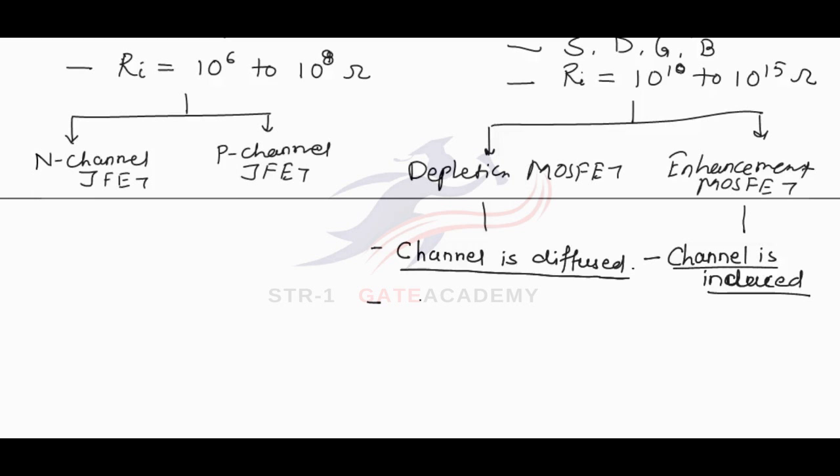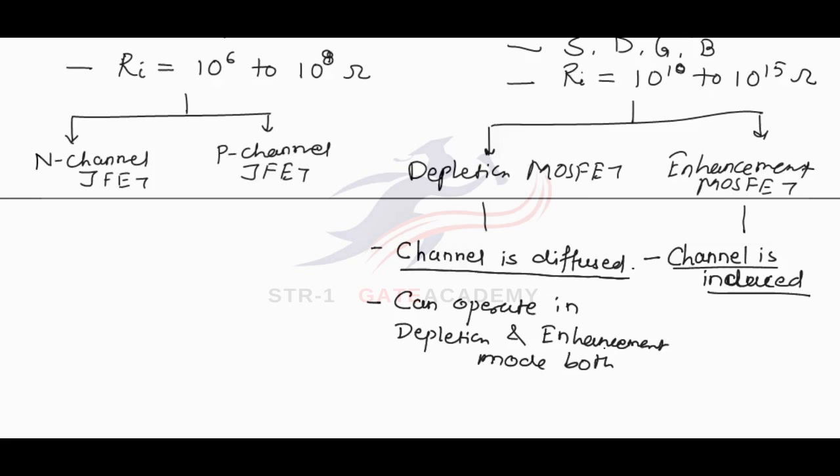One more difference between depletion MOSFET and enhancement type MOSFET is that depletion type MOSFET can operate in depletion and enhancement mode both, while enhancement type MOSFET can operate in enhancement mode only, while depletion type MOSFET can operate in both the modes.